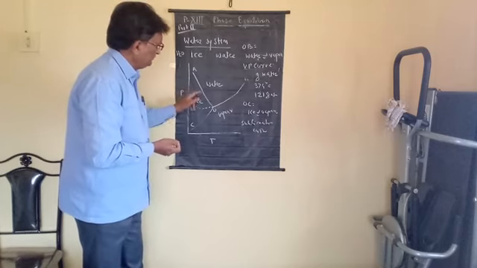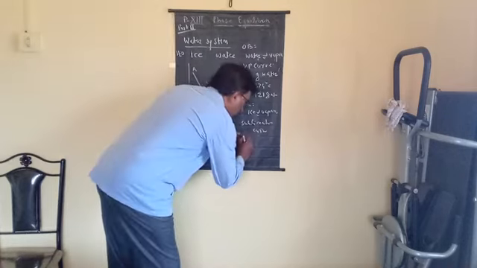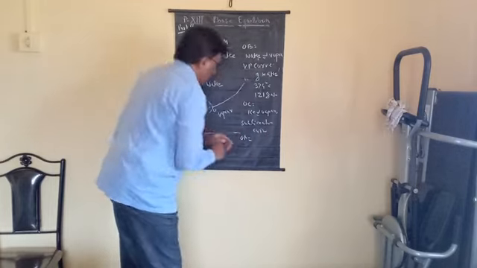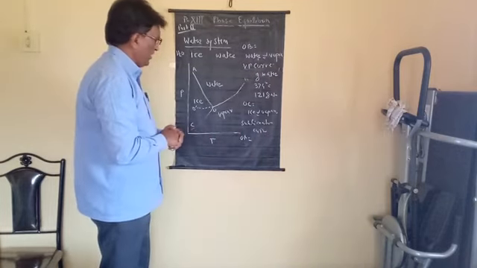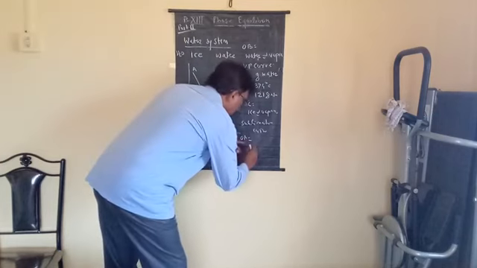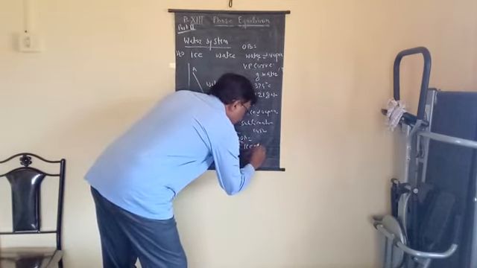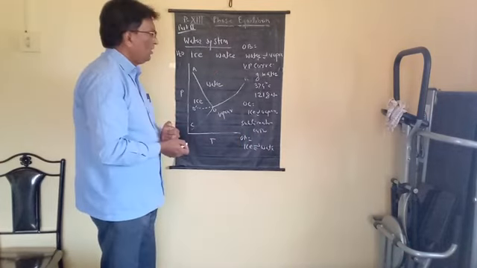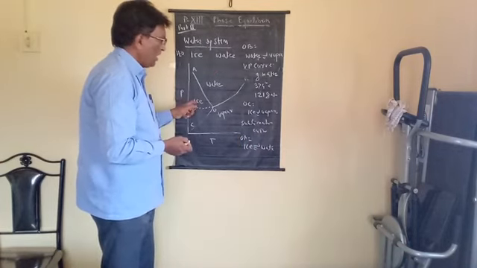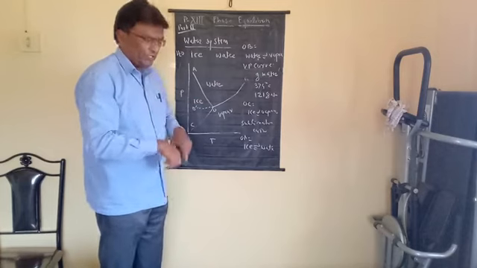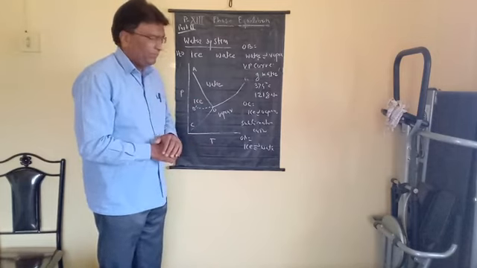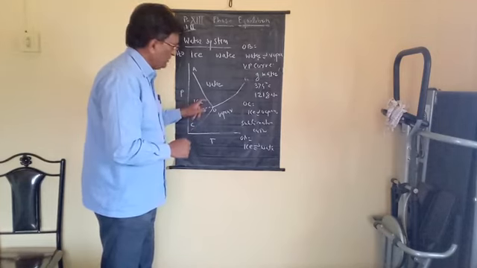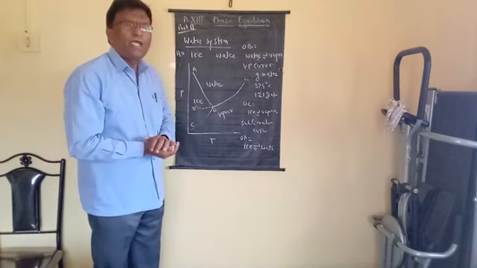Now consider the curve OA. Along this curve OA, two phases are in equilibrium, which are ice and water. Ice and water are in equilibrium at a particular temperature, and that temperature is called the melting point of ice.